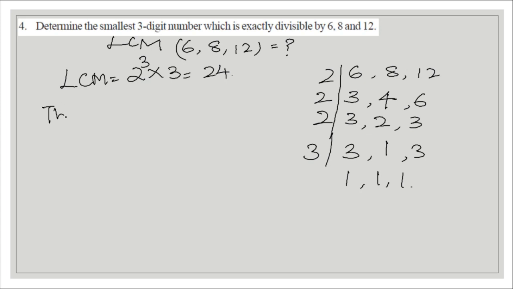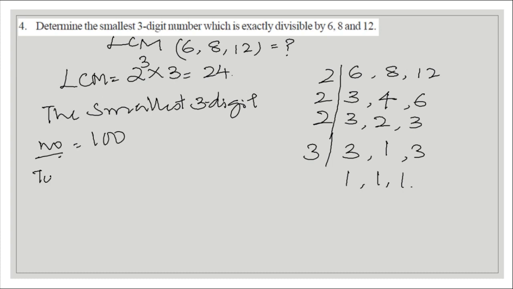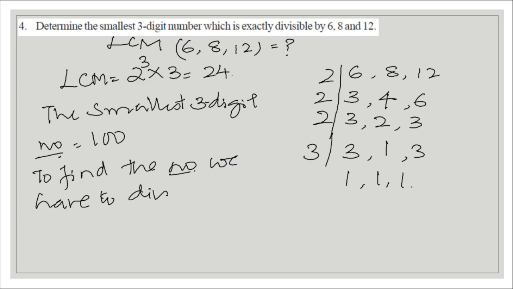The smallest 3-digit number is 100. So to find the number we have to divide 100 by 24.